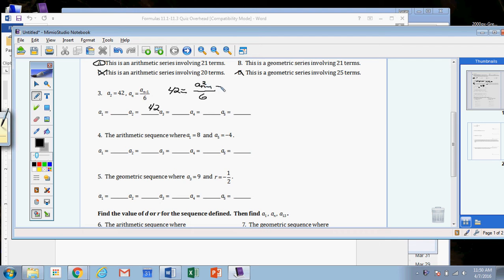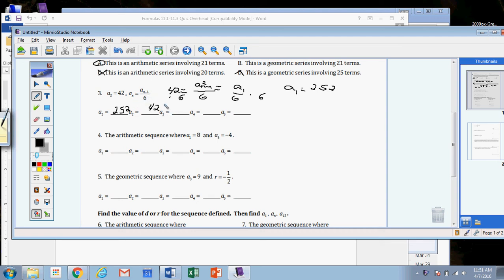So this would be equal to a1 over 6. So then I just multiply both sides by 6, and I get a1 is equal to 252, right?